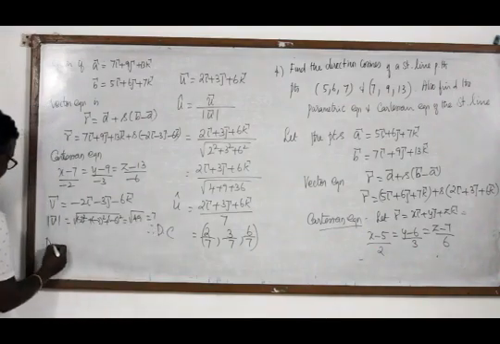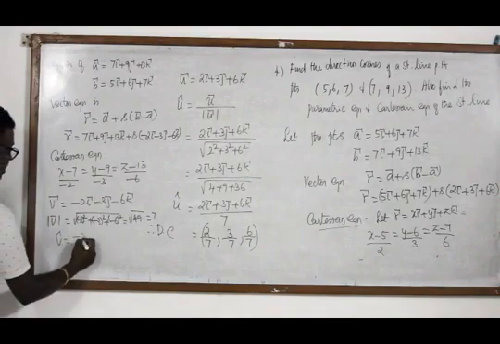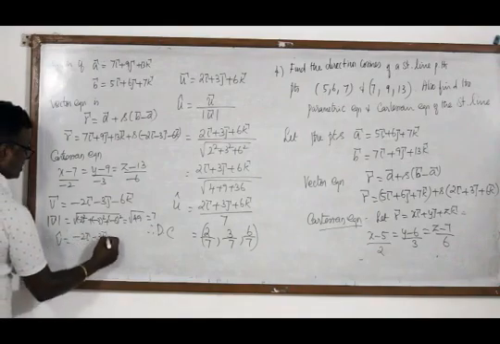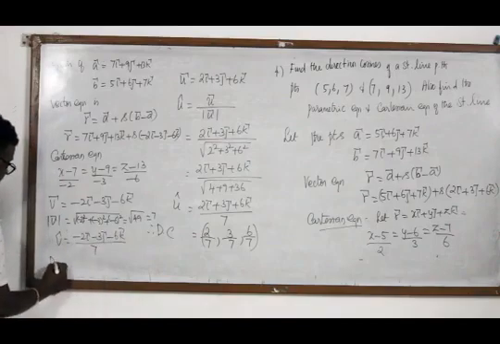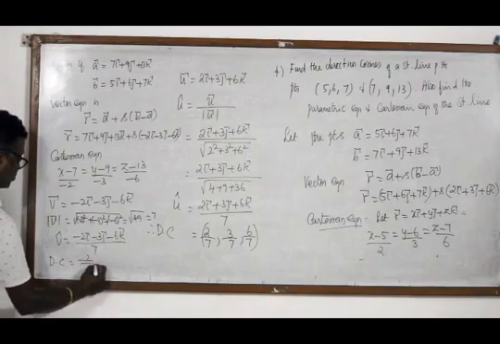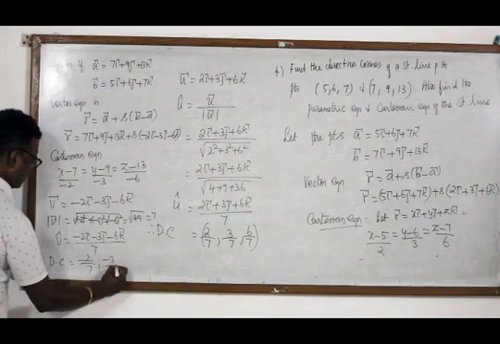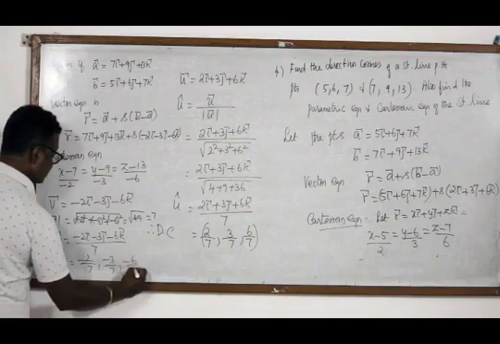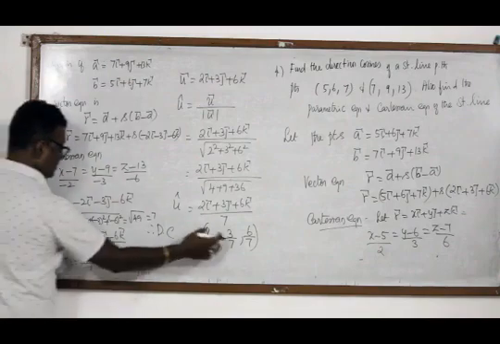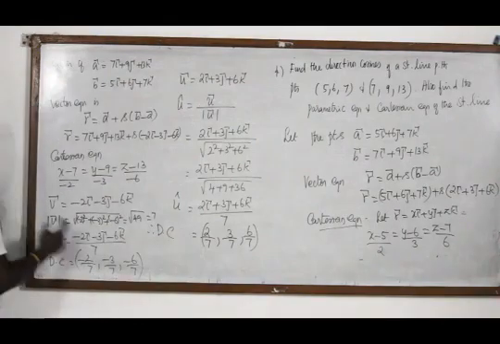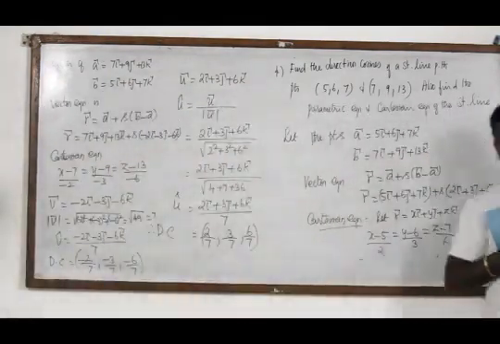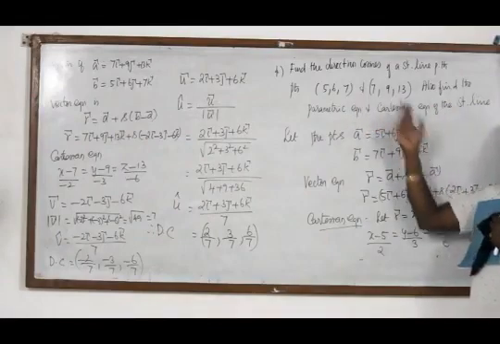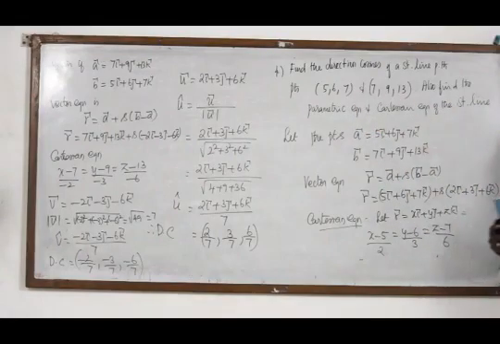So in that case the unit vector V cap is minus 2i minus 3j minus 6k by 7. Therefore, the direction cosine will be minus 2 by 7, minus 3 by 7, minus 6 by 7. So this may be a direction cosine or that may be a direction cosine. That depends on which point you take as A vector and B vector.